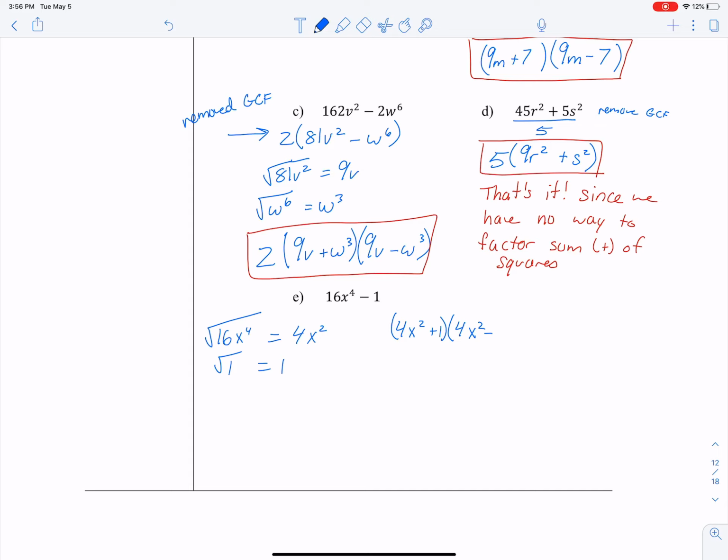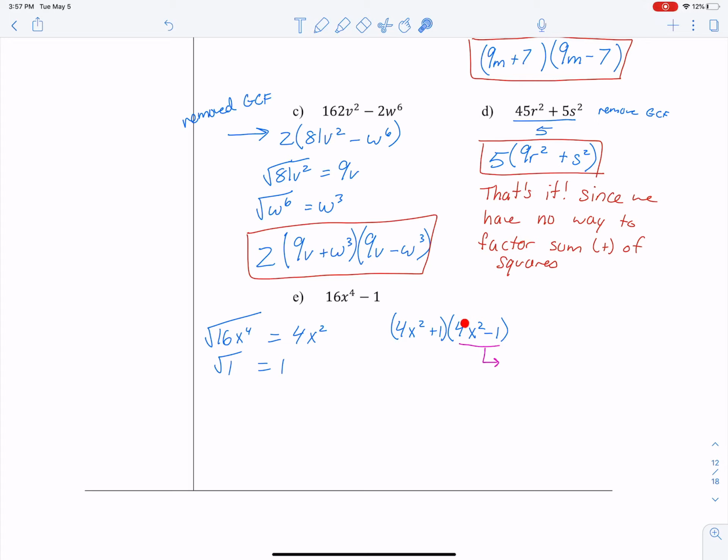4x squared minus 1. Now, if I look at these, because we started with x to the 4, even when we cut that in half, this is still a perfect square here, okay?